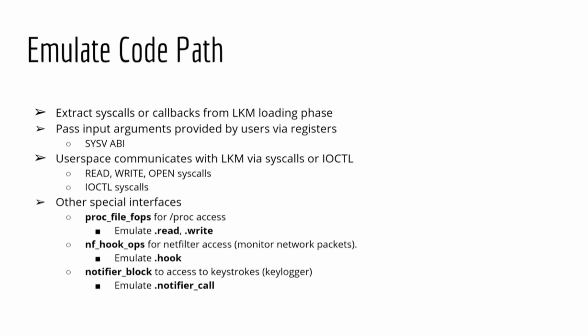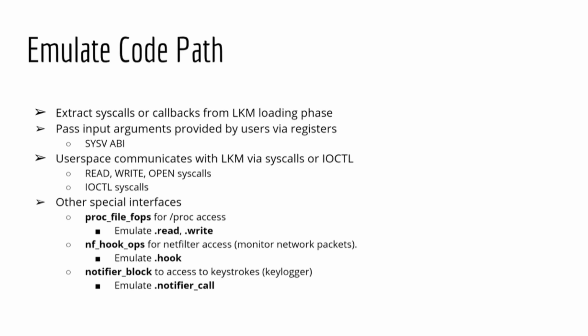And after that, we need to trigger the code path that the user wants to emulate. So at this phase, the user can decide the input requirements for the code path that they decide to emulate.